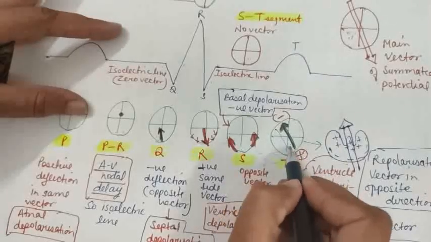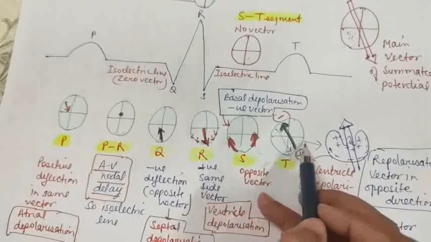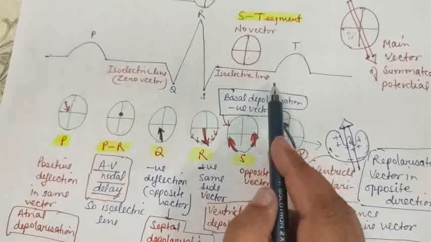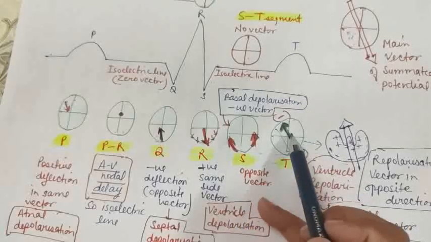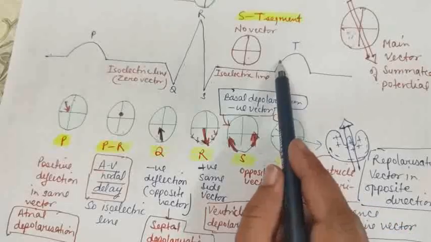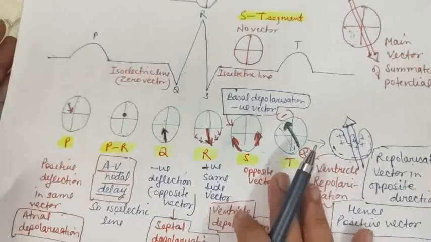Depolarization wave was this side from negative to positive, and now this is opposite, which is repolarization, and that's why it is again a positive wave. That's how this is the basis of ECG waves.